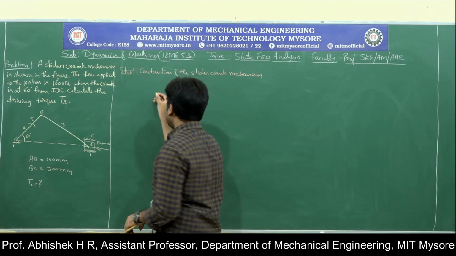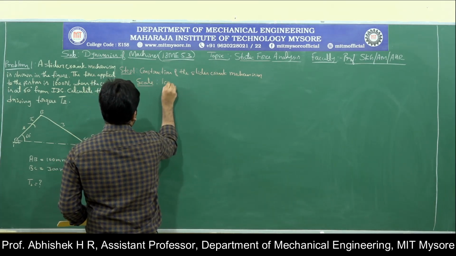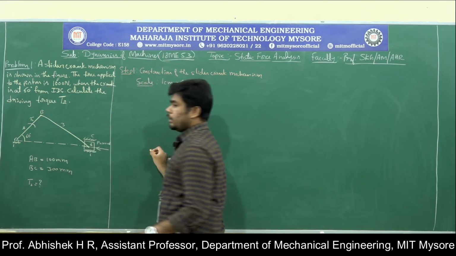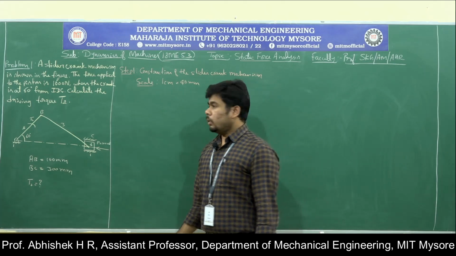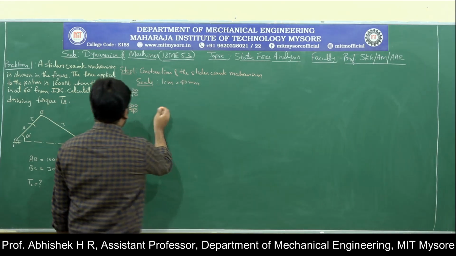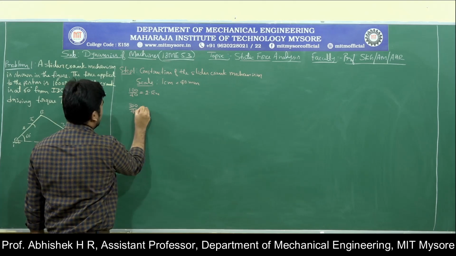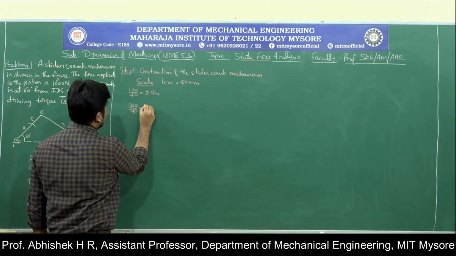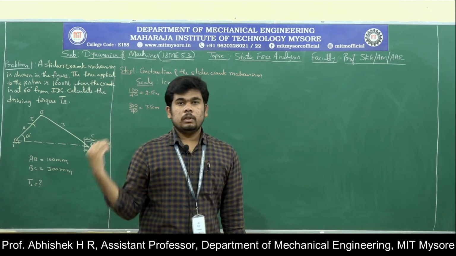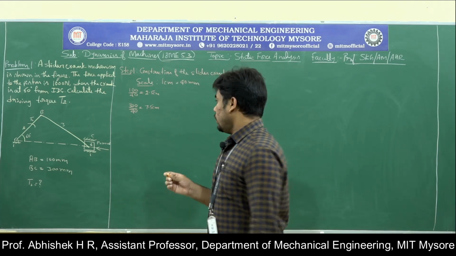Here I will consider 1 centimeter equal to 40 mm. So 100 by 40 is 2.5 centimeter, and 300 by 40 is 7.5 centimeter. Now with respect to this scale, we have to construct the slider crank mechanism.